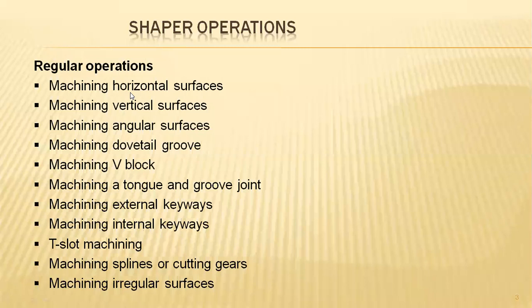Coming to the regular mode of operations, these are the machining conditions for horizontal and vertical surfaces of a work part. In some situations, particularly in industries, or to consider assembly conditions, angular surfaces are also needed in fitting conditions.